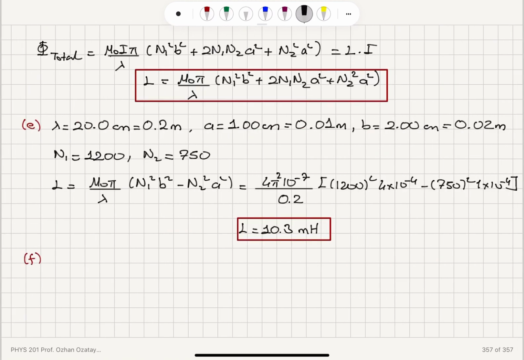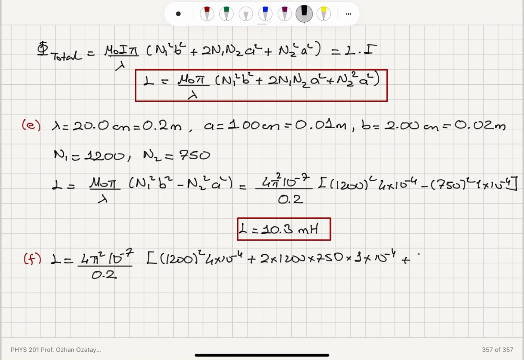If the current is reversed in the inner solenoid, then I would have L equal to mu0 pi over lambda, which is 4 pi squared 10 to the minus 7 divided by lambda, 0.2 meters, and 1200 squared, b squared, 4 times 10 to the minus 4, plus 2 times 1200 times 750, a squared, 1 times 10 to the minus 4, plus 750 squared, a squared, 1 times 10 to the minus 4.